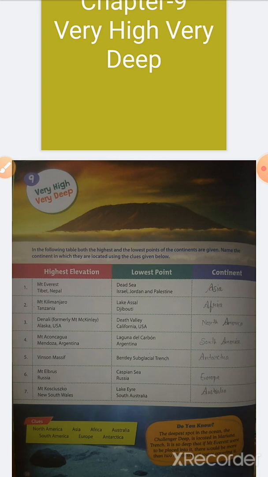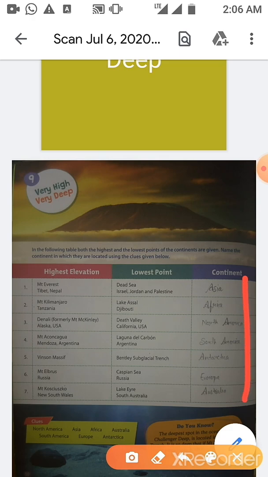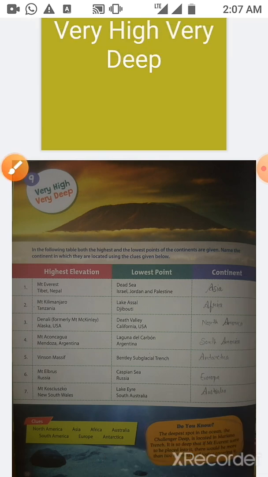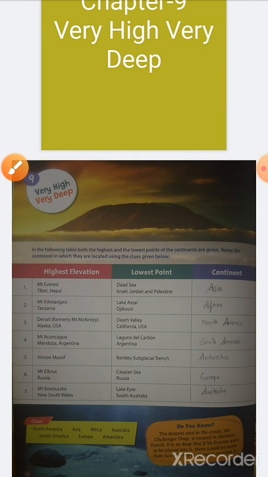Okay, so now my dear student, you have to fill name of continent in your book. Along with you have to read this chapter once again and you have to make it notes. Okay.